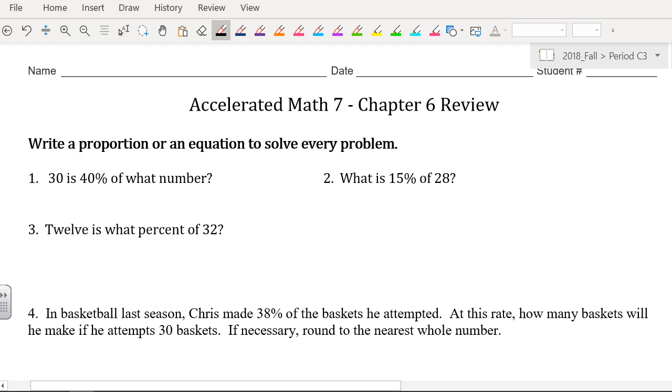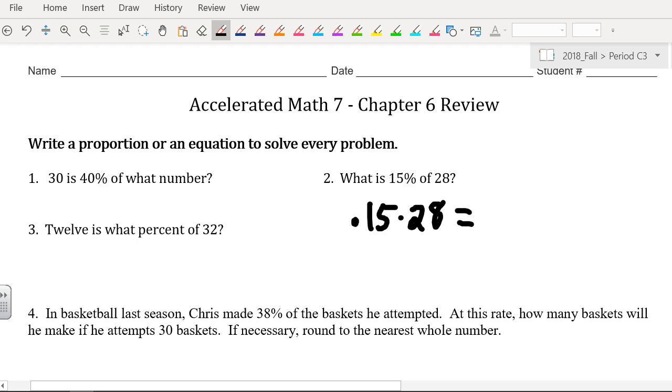Okay, so for number 2, you should start by converting 15% to a decimal. Which is? 0.15. So you're going to use equation method? Yeah. Cool. So 0.15. And then you multiply that by the 28. Times 28. Yeah. Equals? 4.2.